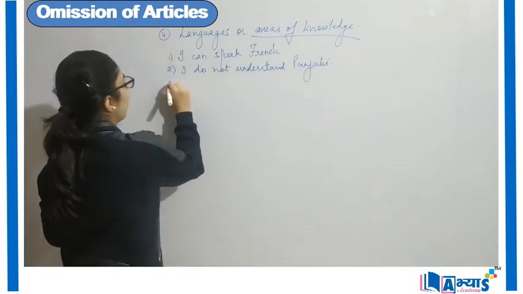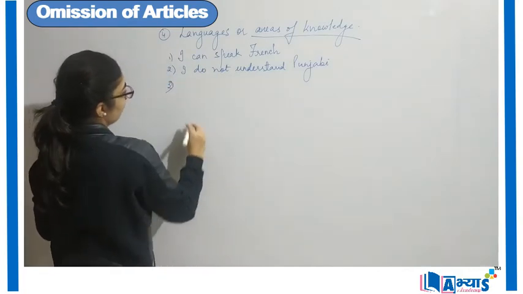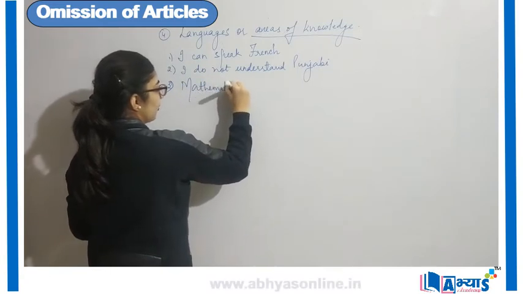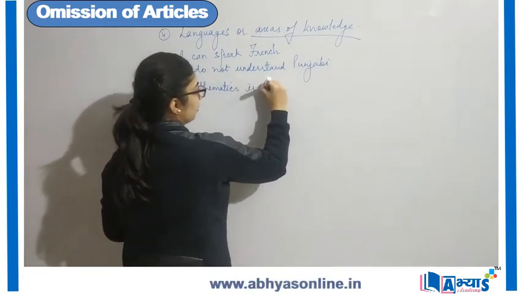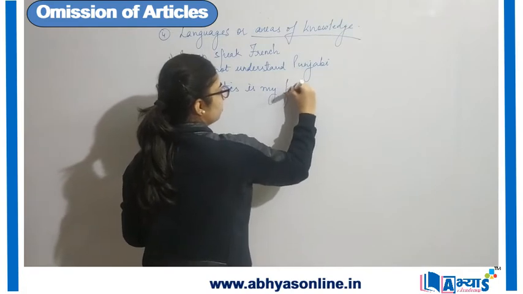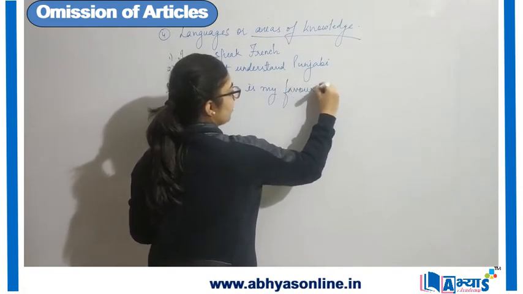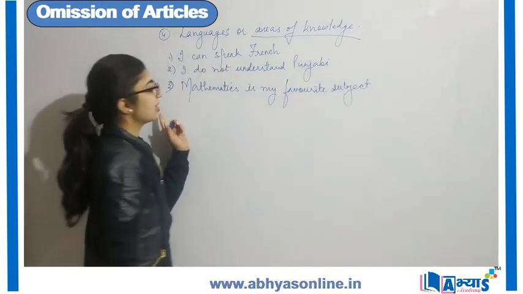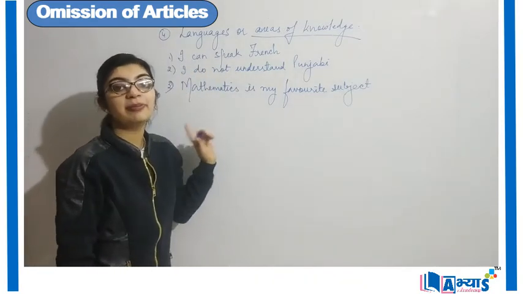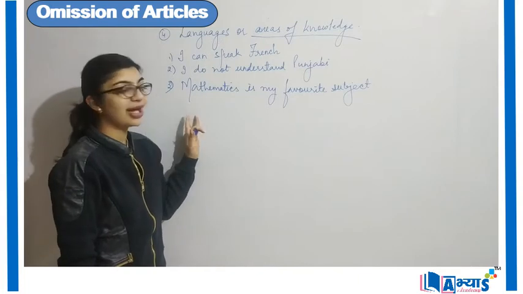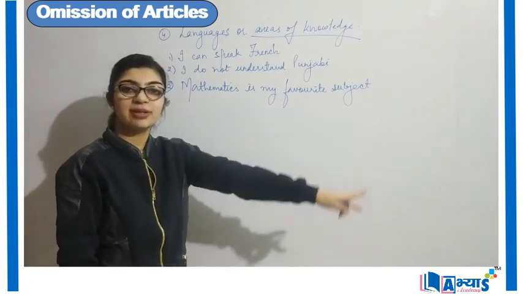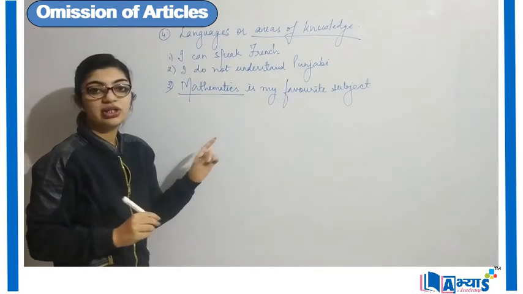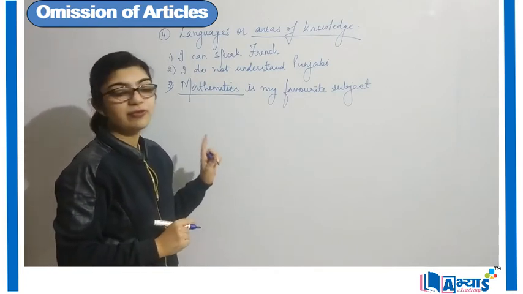Example over here can be: mathematics is my favorite subject. Here I will not say a mathematics or the mathematics. I'll just say mathematics is my favorite subject. So again, before the area of knowledge, we do not make use of articles.